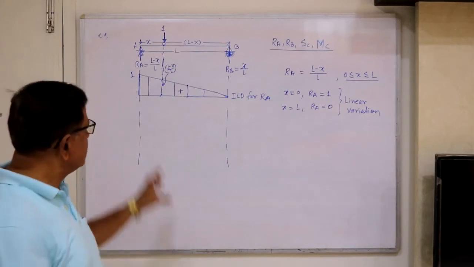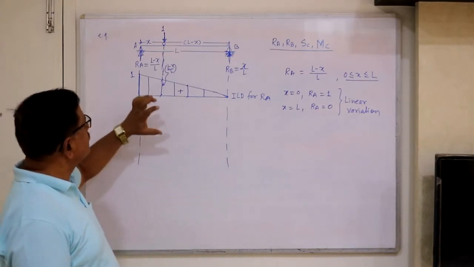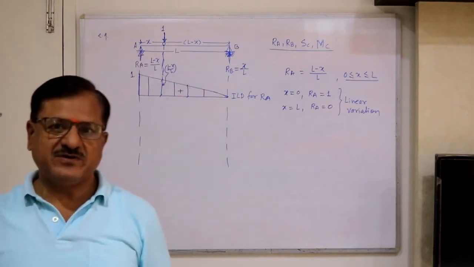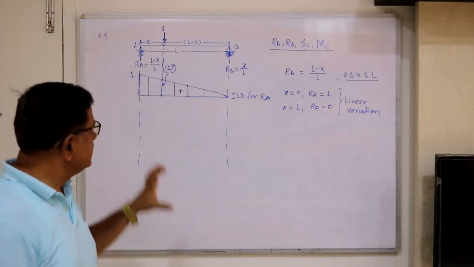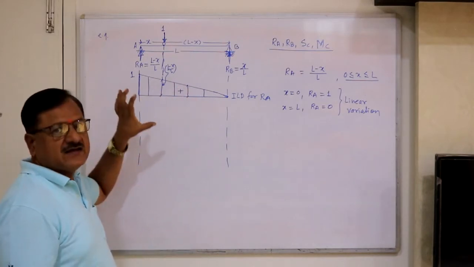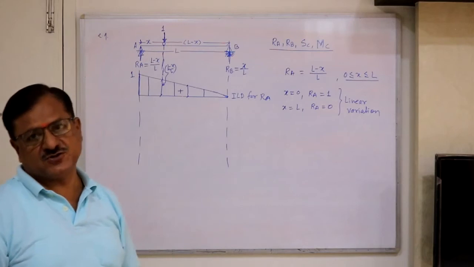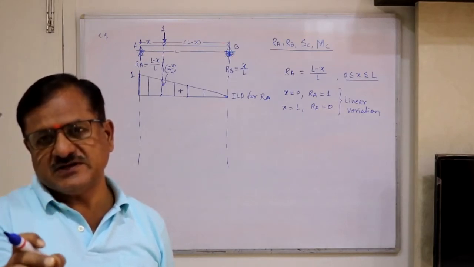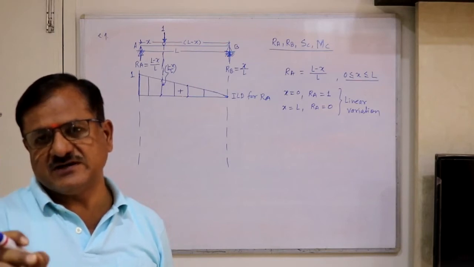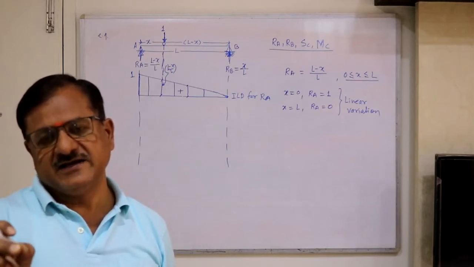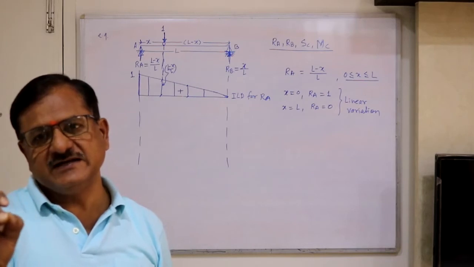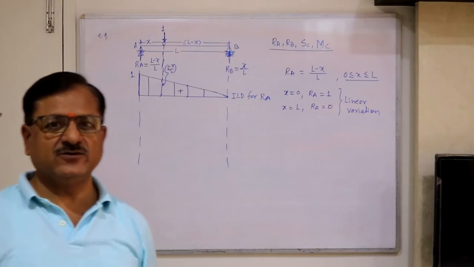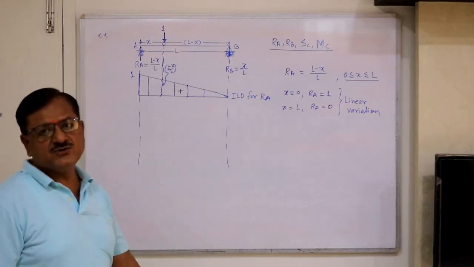Then for maximum RA, because the loading will be moving from one end to the other, you first fix up the position of the load. If it is a concentrated load, load into corresponding ordinate plus load into corresponding ordinate will be the reaction RA. For UDL, you take the intensity of UDL multiplied by the area of this diagram under the UDL.